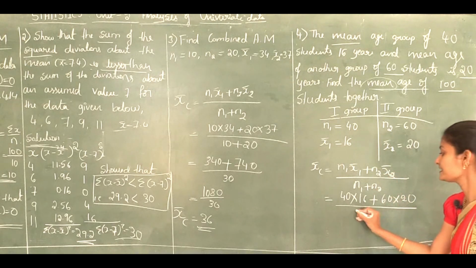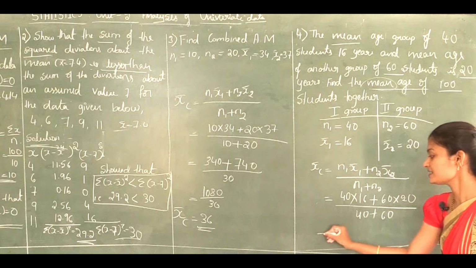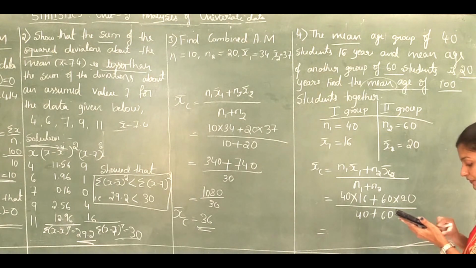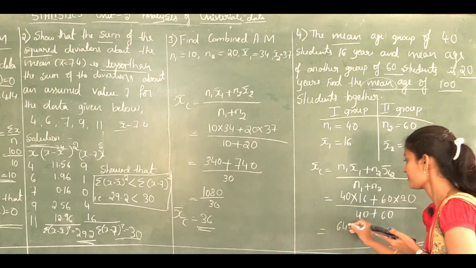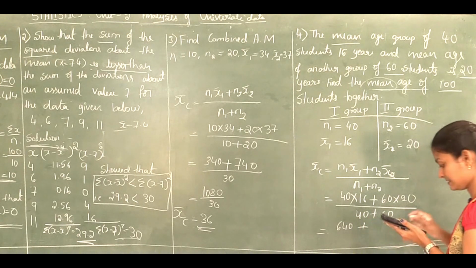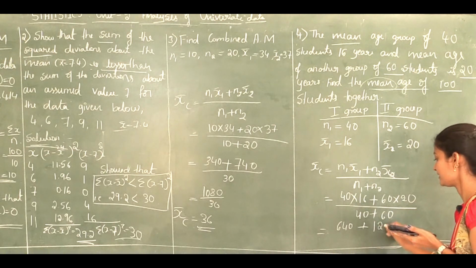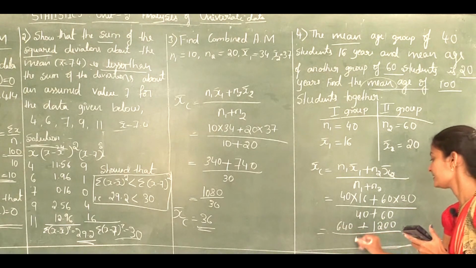So n1 is 40 plus n2 is 60. So this is equal to 40 into 16 is 640 plus 60 into 20, that is 1200 divided by 40 plus 60, that is 100.